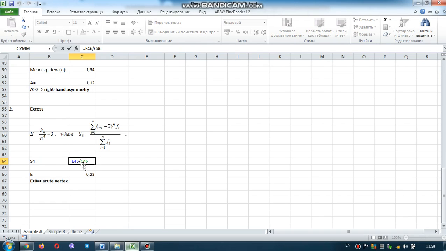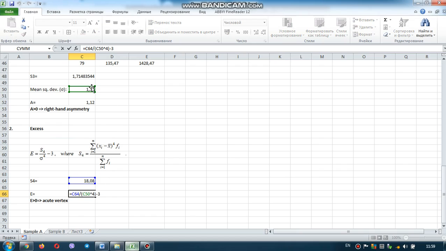The S4 value should be calculated as well, and for the E value, the mean square deviation is used in the denominator, and the S4 value in the numerator. So we have calculated the excess. The excess value is greater than 0, so we have an acute vertex.